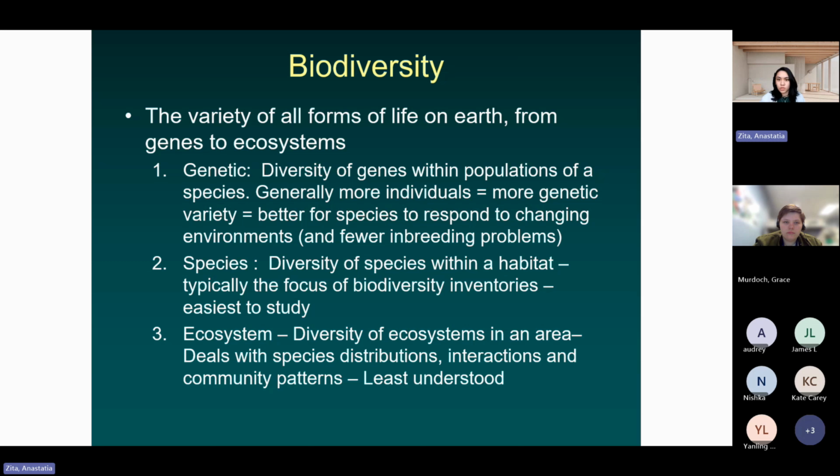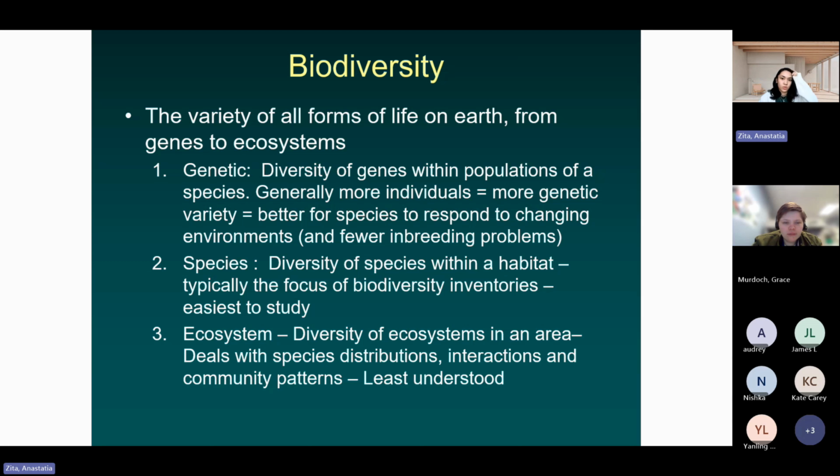Genetic diversity refers to the variety of genes within populations of a species, and generally, the more individuals there are, the greater the genetic variety, which is better for species to respond to changing environments and to avoid inbreeding problems. Species diversity refers to the diversity of species within a habitat and is typically the focus of biodiversity inventories, making it the easiest to study.